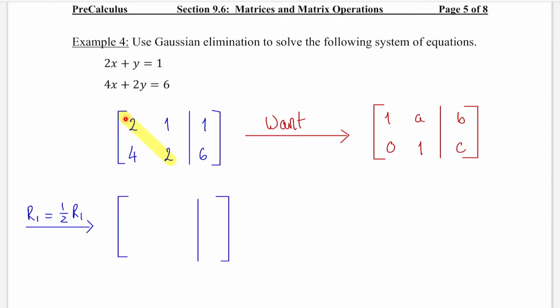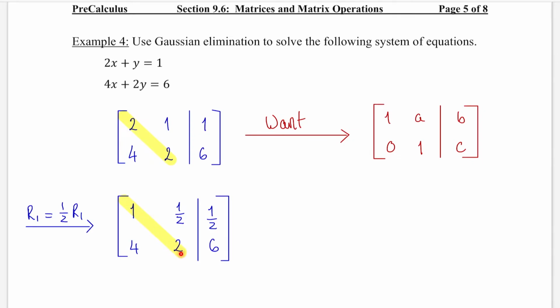So if I take 2 multiplied by 1/2, I get 1. If I take 1 multiplied by 1/2, I have 1/2. Again, 1 multiplied by 1/2 is 1/2. This operation will not do anything to my row 2, so my row 2 will stay the same: 4, 2, 6.